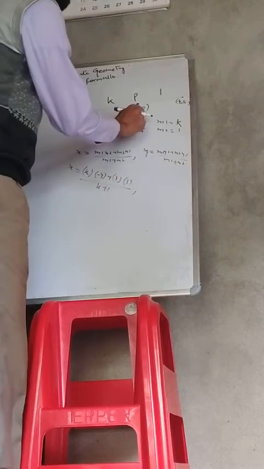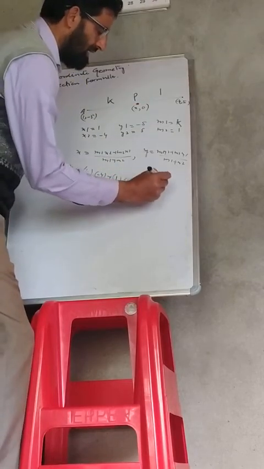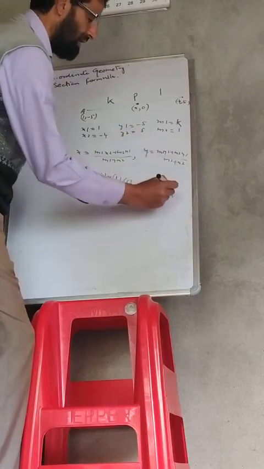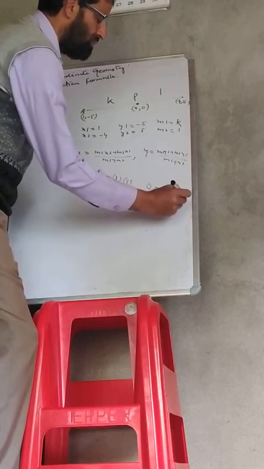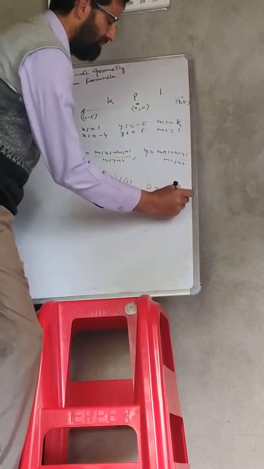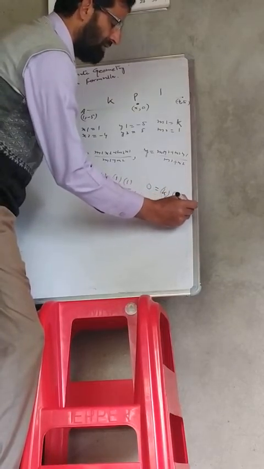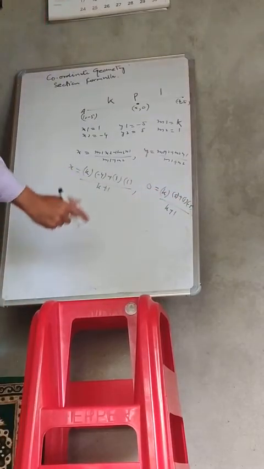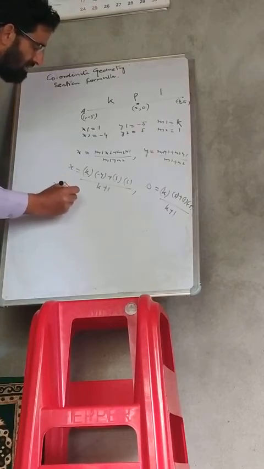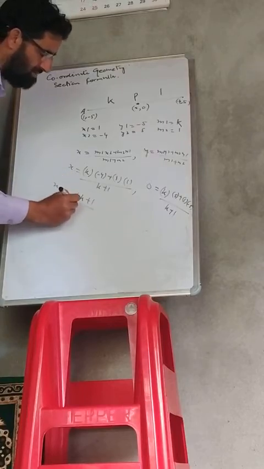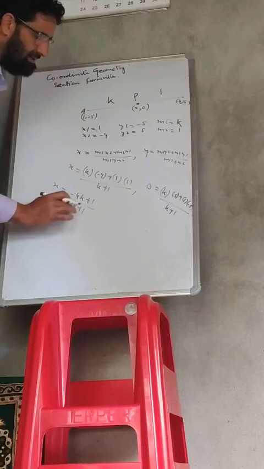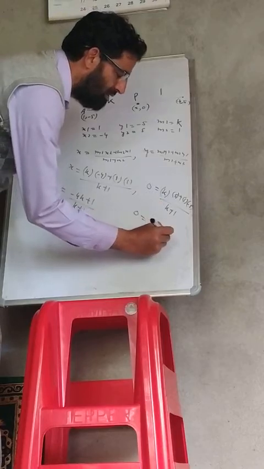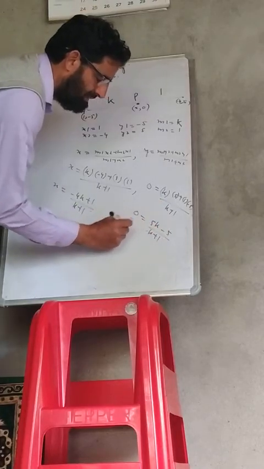And what is this y coordinate? It is 0. So 0 is equivalent to m1, again k into y2 which is 5, plus m2 which is 1 into y1 which is minus 5, divided by k plus 1. Let's solve this. Or simply x is equal to minus 4k plus 1 divided by k plus 1. Leave it here.